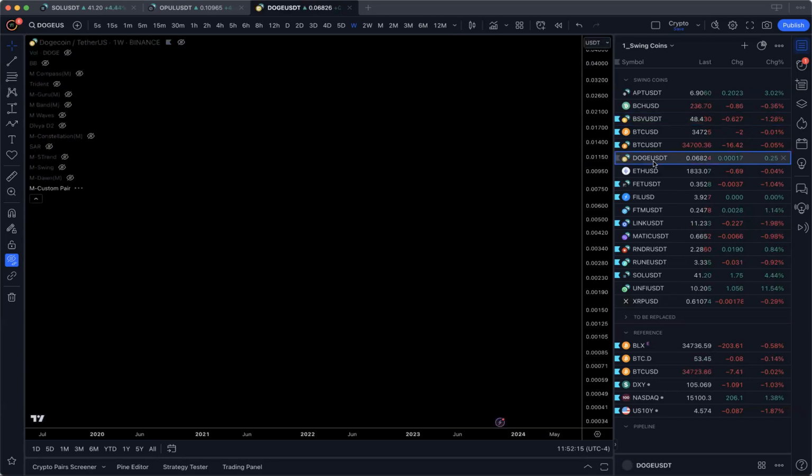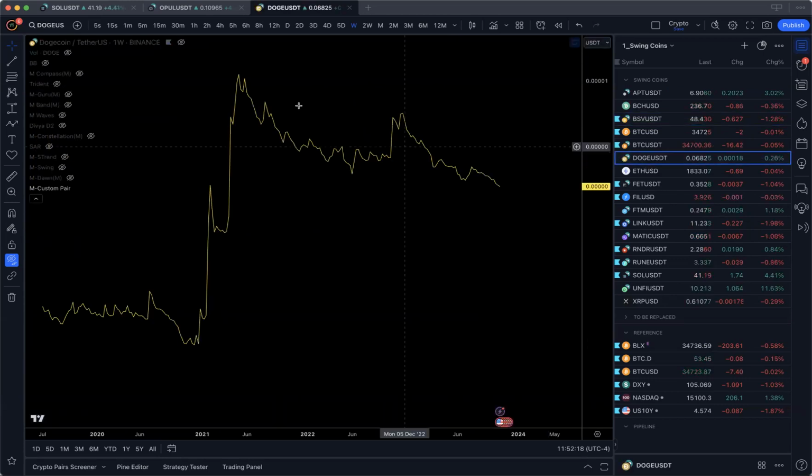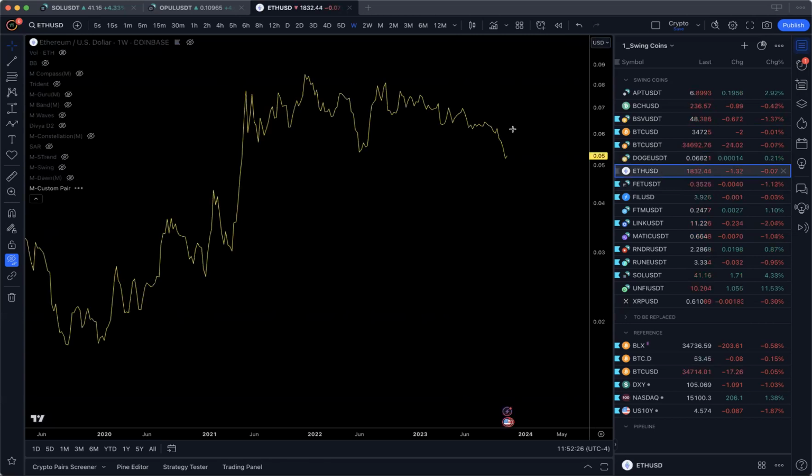Then the Doge versus BTC, so it's still a downtrend, right? So the Doge is still very weak compared to BTC. Ethereum is weak. It broke this, still weak. The consolidation is happening, but now it's tilting. Here the consolidation happened on an ascending, then more like a horizontal. Now it's tilting down. So you can say Ethereum is weakening against BTC.